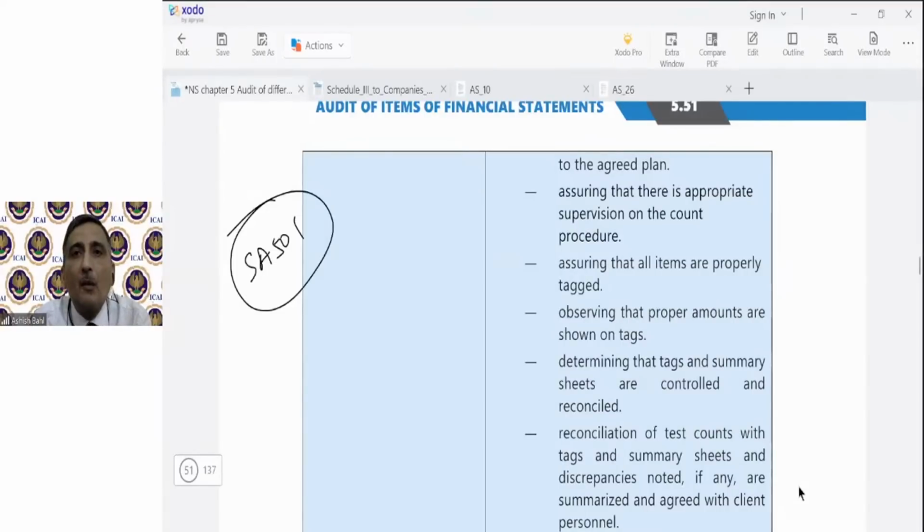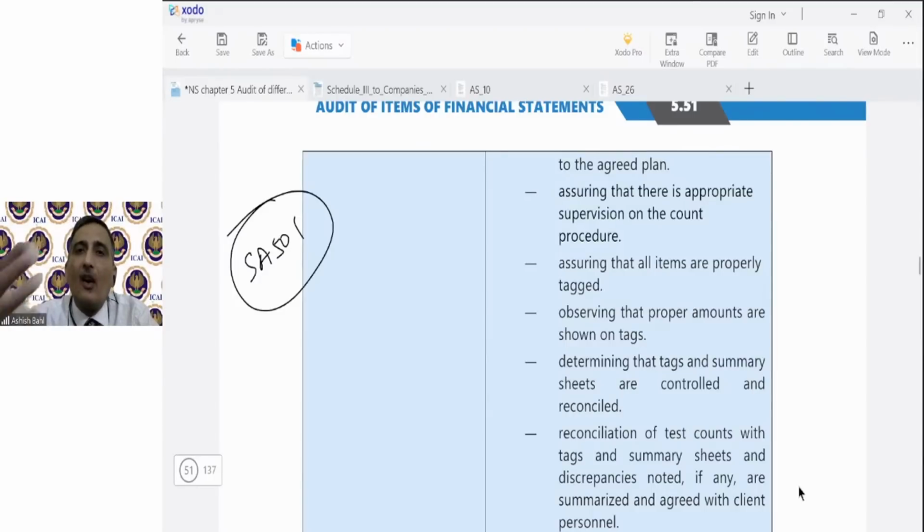It is not the job of the auditor. The auditor only attends the physical inventory count carried out by the management. And by doing so, he inspects the inventories, he sees conditions of inventories, and when he attends the test count, he gets a comfort, he gets an assurance regarding existence of inventories.